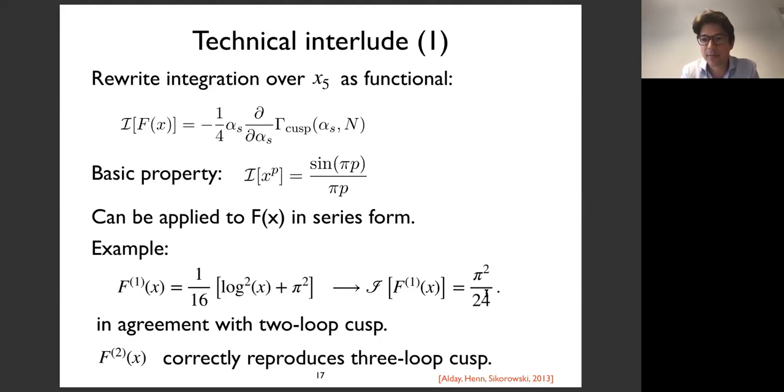And if we keep track of the normalizations, then this is indeed the two-loop value of the cusp anomalous dimension. This connection has been established previously, and it's been tested up to the three-loop order. So in other words, the two-loop value of f reproduced correctly the three-loop value of the cusp anomalous dimension.